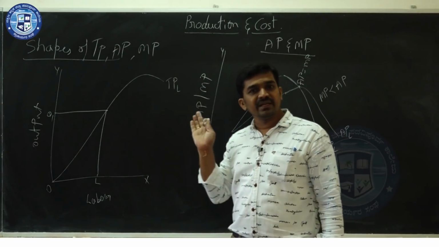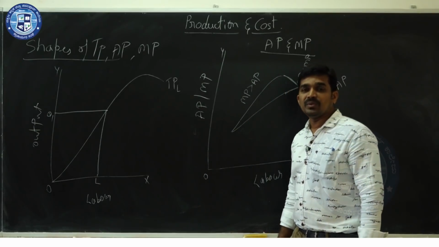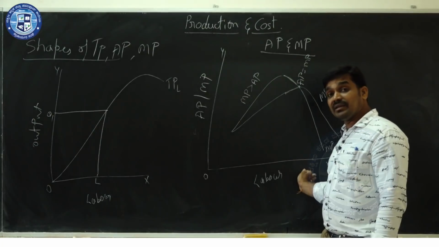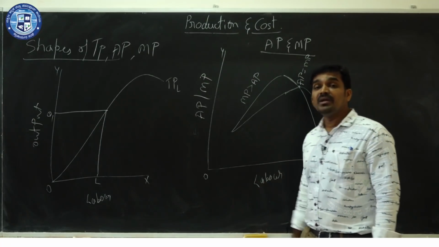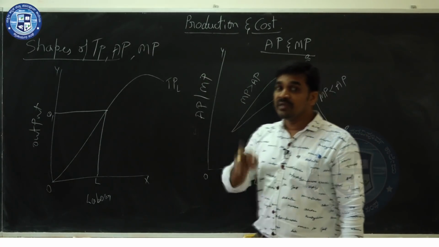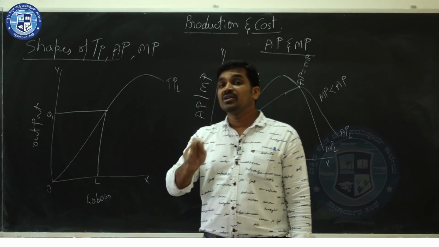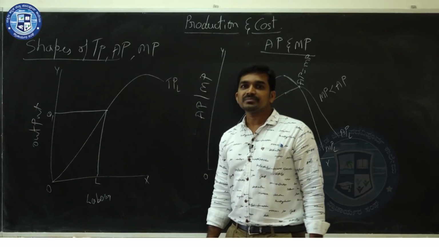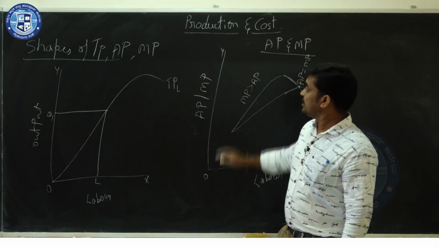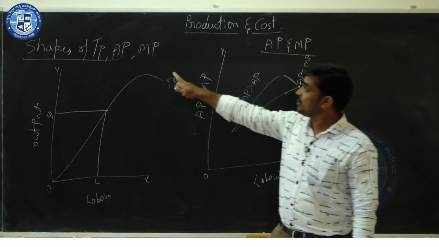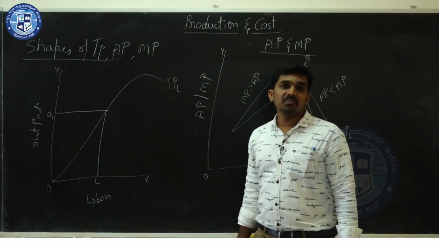It is increasing and decreasing, but never 0. But MP initially increases, reaches maximum, thereafter falls, then reaches 0, thereafter it becomes negative. But AP is always positive, initially increasing, reaches maximum, thereafter continuously falling. Okay. These two diagrams indicate the shapes of AP and MP.